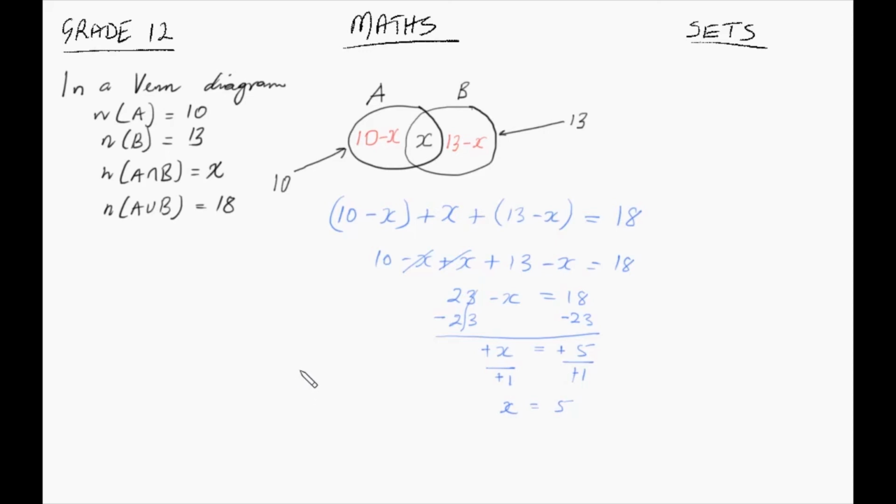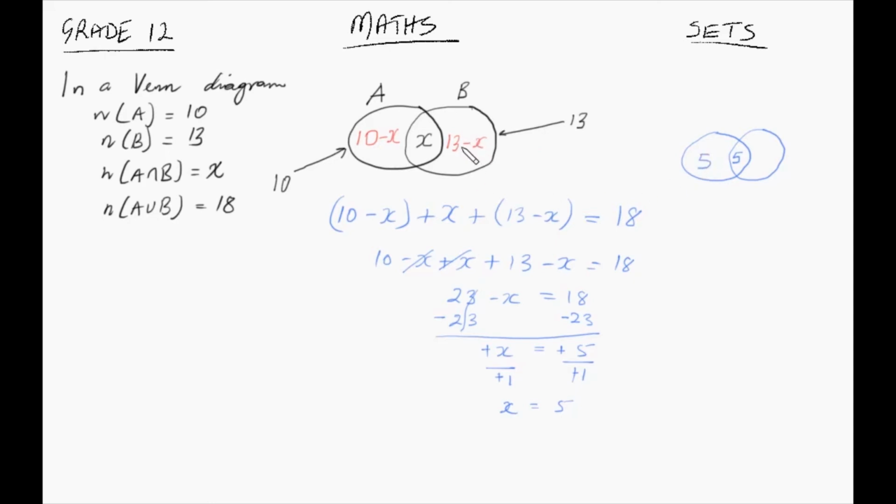If x is 5, what does that mean? Instead of x here, we have 5 because x is 5. So here we have 10 minus 5, which is 5.